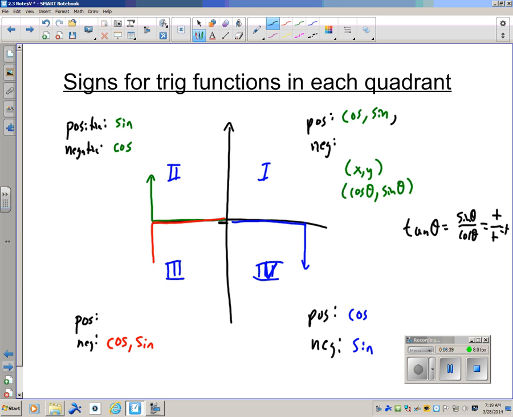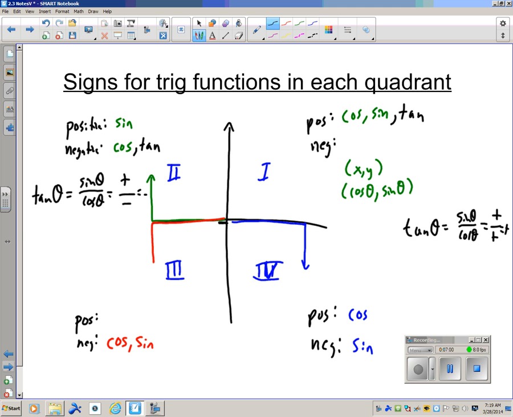So tangent is also positive. Same thing over here, tangent in quadrant 2 is sine over cosine. My sine here is positive, my cosine is negative. A positive divided by a negative is a negative. So tangent over here is negative.